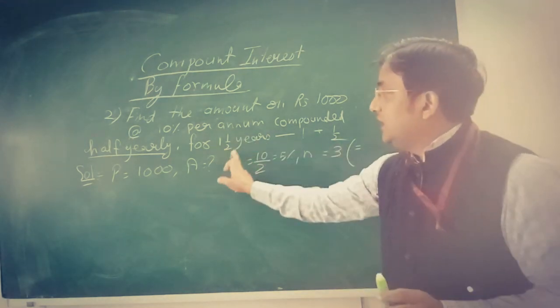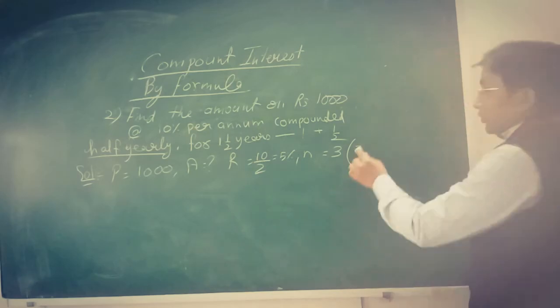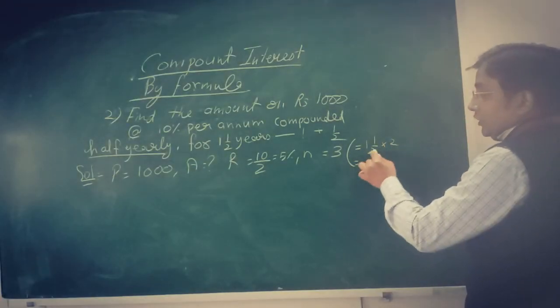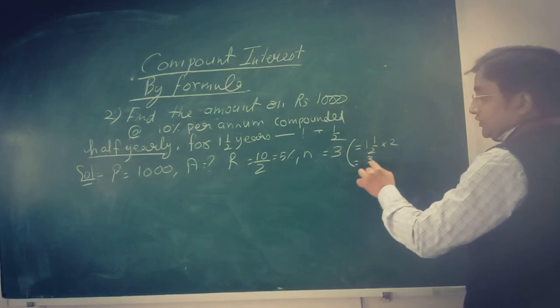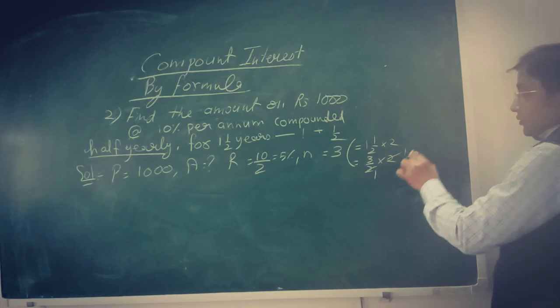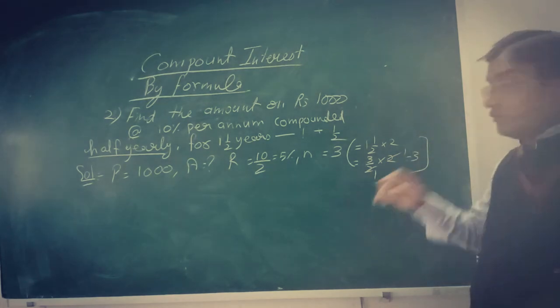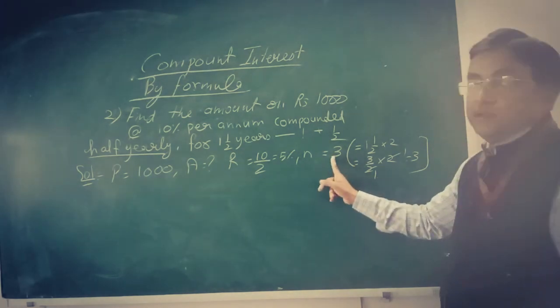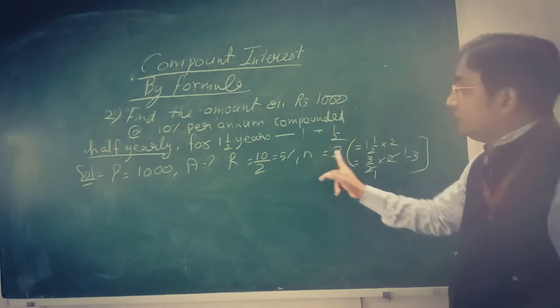So you just multiply this number by 2. So this is 1 whole number 1 by 2, multiply by 2 and solve it. 2 3 2, 1 2 3, 3 by 2 2. So this will be 3. This is your 3, n is equal to 3.